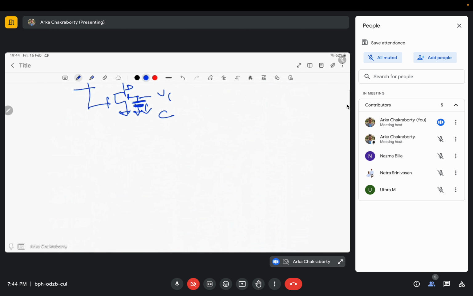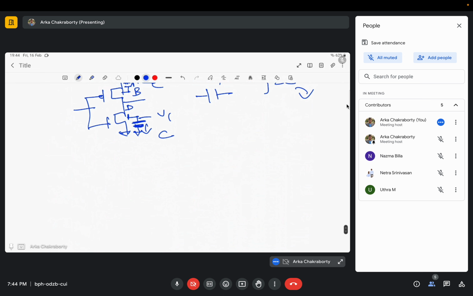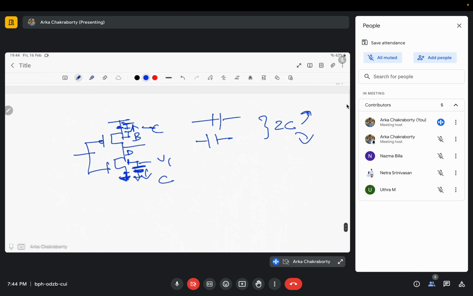As I mentioned, there are 5 kinds of capacitances, and we only consider the drain and source capacitances. Here the source capacitance is connected with ground, so no need to discharge it. Here it is already connected to VDD, so no need to discharge it. But these body capacitances, in some cases, like if it is an FDSOI structure, you need to charge or discharge, and in some cases this might affect your circuit also.